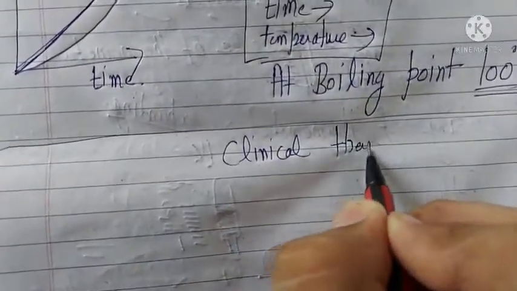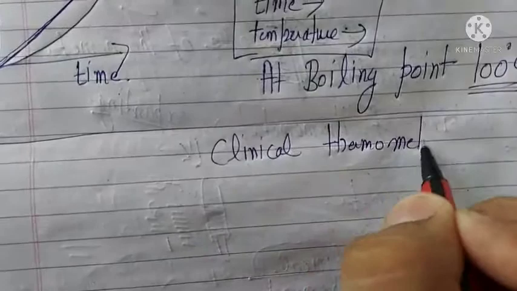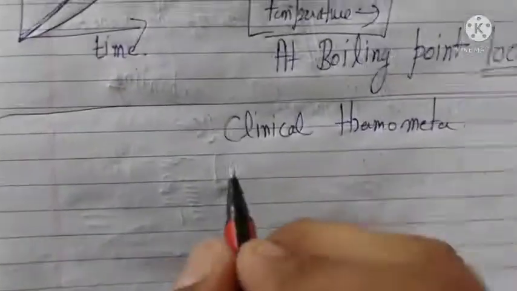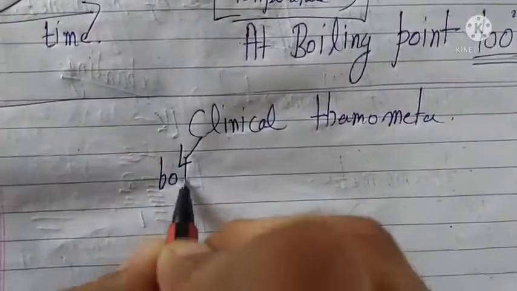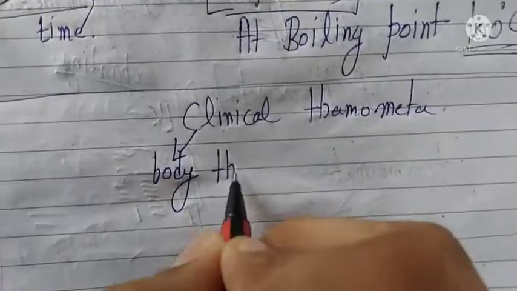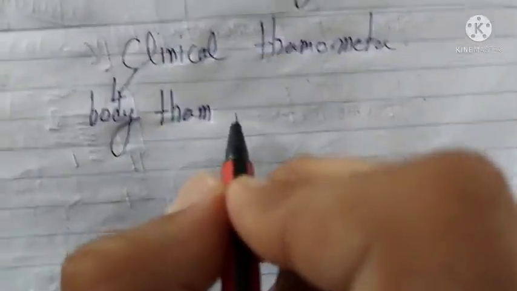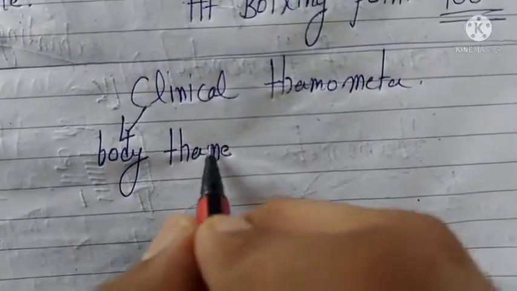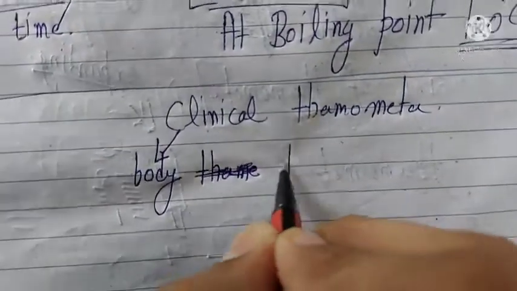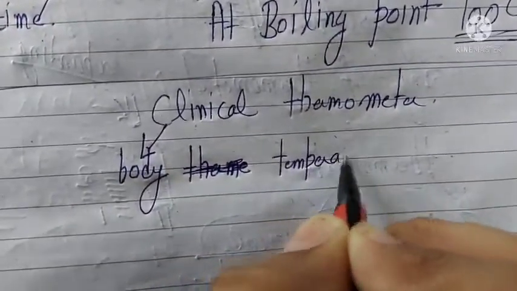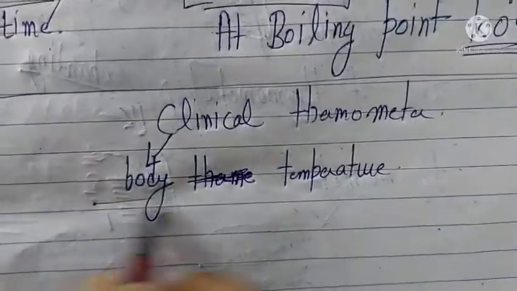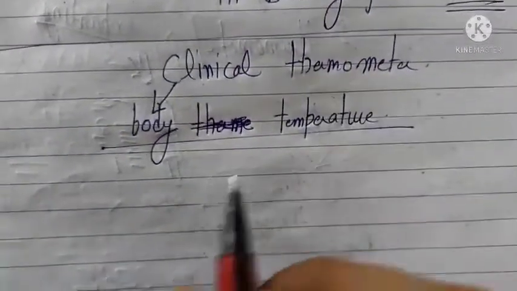So what is there in this clinical thermometer? It measures the body temperature. You know, when you go to a doctor, the doctor uses this thermometer to measure your body temperature.